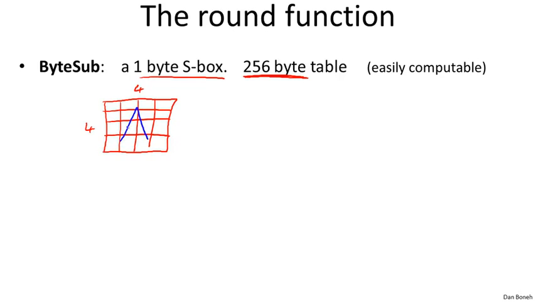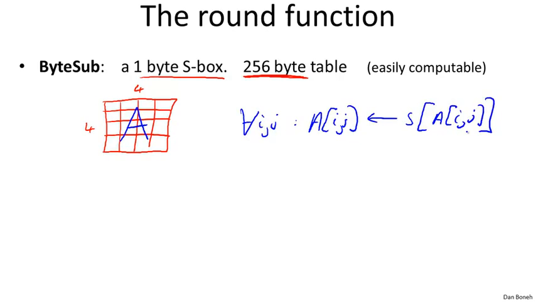Let's call it the A table. For all 4x4 entries, the next state A_ij becomes the current state evaluated at the lookup table. So we use the current cell as an index into the lookup table, and the value of the lookup table is what's output. Okay, so that's the first step.